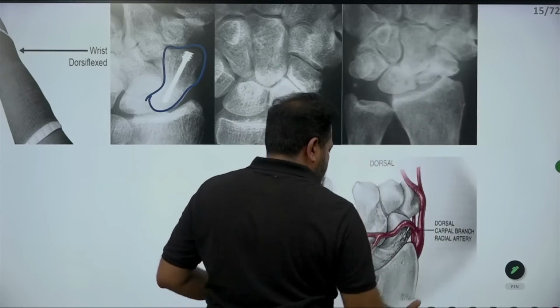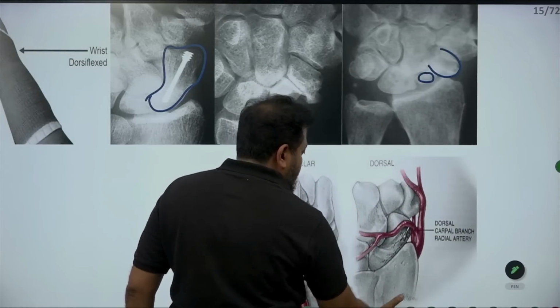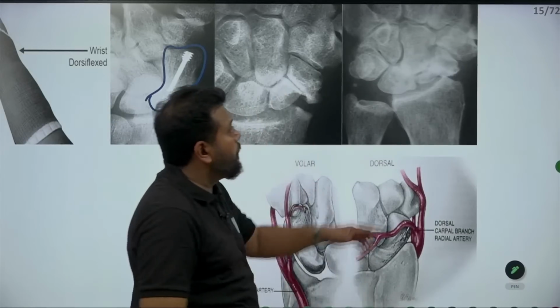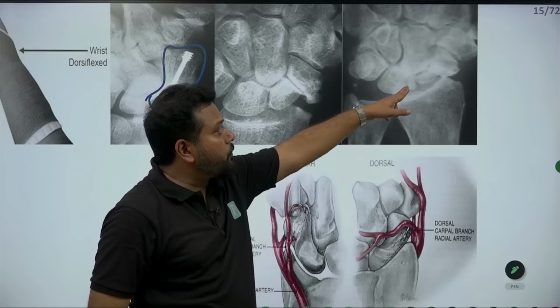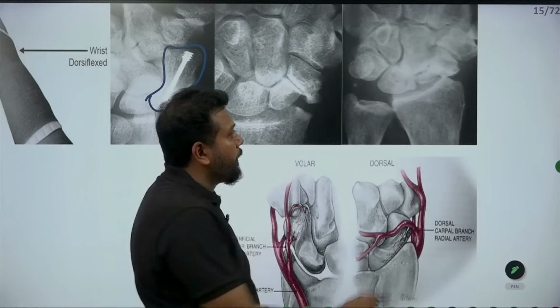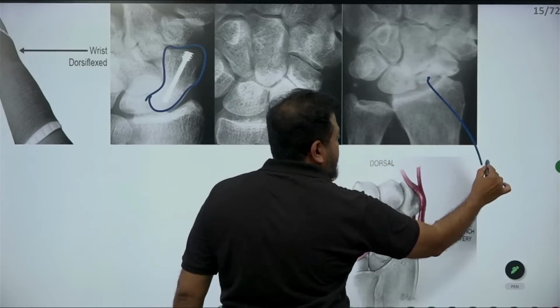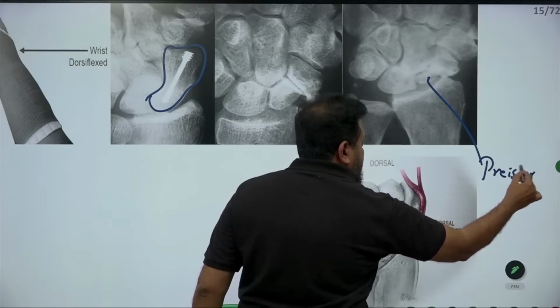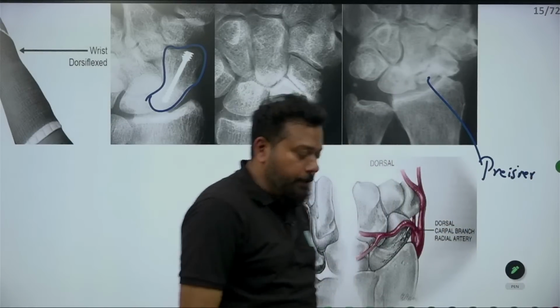I am not able to see any proximal pole. So this is called avascular necrosis of proximal pole of scaphoid, and this is the classical picture of Preiser's disease. So these are all the complications.